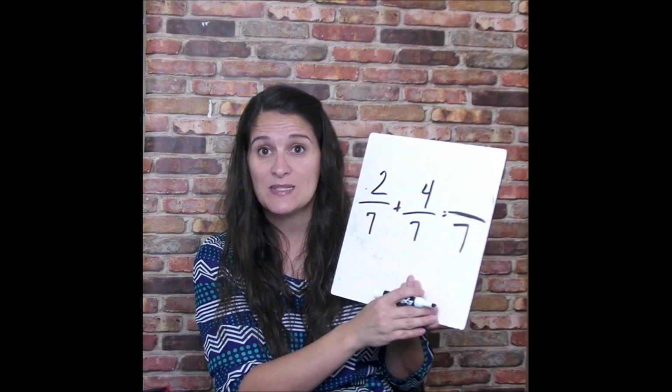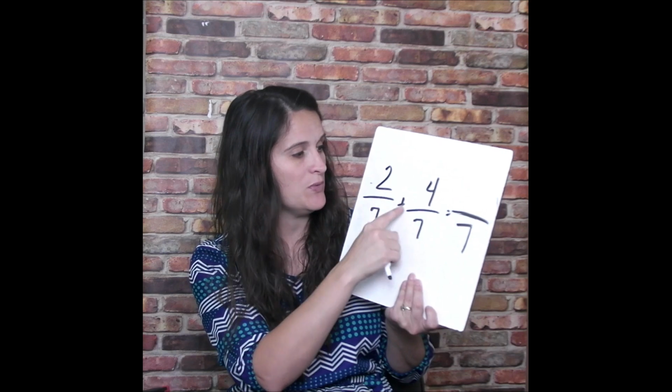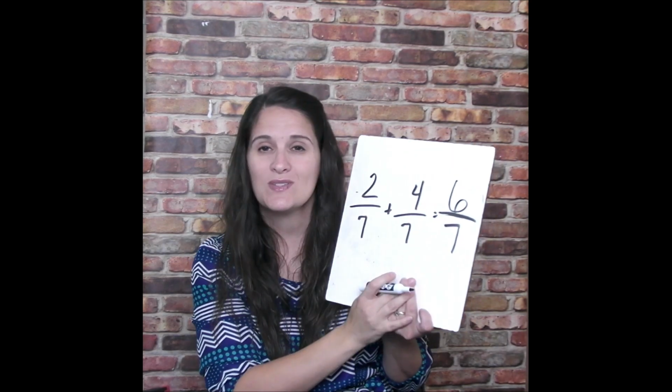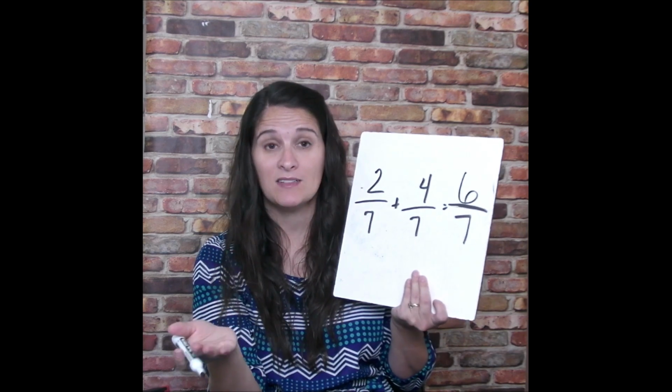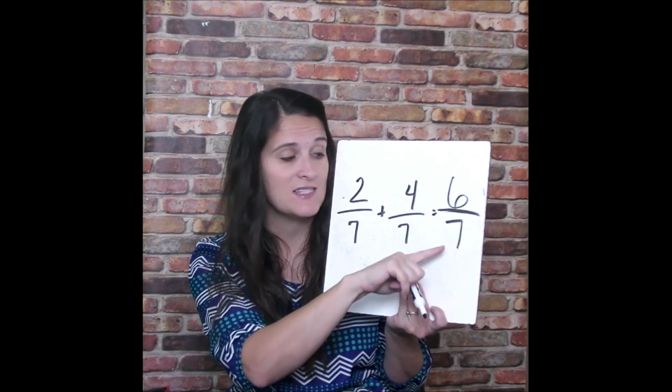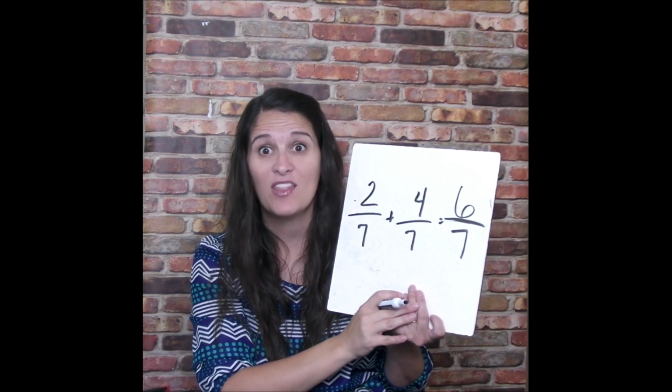Then all I have to do is add my numerators. 2 plus 4 is 6. So 6/7. Done. Can't reduce that any further. That's all there is to it. Whenever your denominators are the same, it makes it super easy and you do it straight across the board.